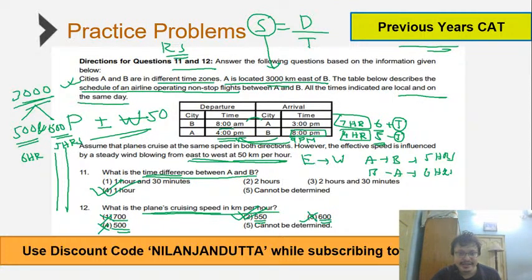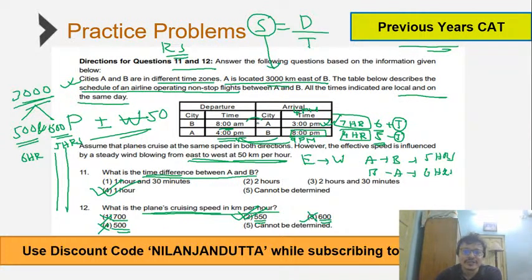Similarly, if I start at 8 a.m., 6 hours should mean 2 p.m. But it's 4 p.m. at city B, but city A being east of B, they will be only at 3 p.m. So that is the way you go about interpreting this.